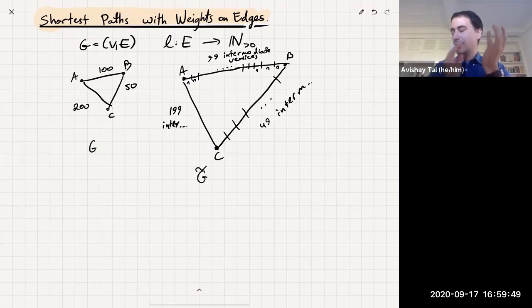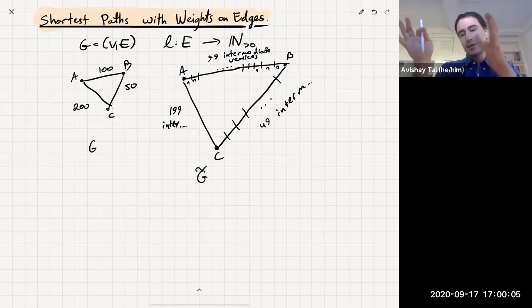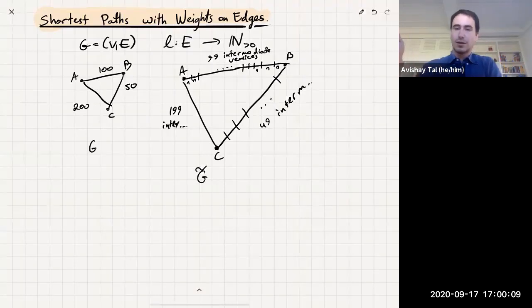In G tilde, all the distances are 1. And if I compute BFS on G tilde, then I know what is the distance between A and B and what is the distance between A and C, right? So this is an algorithm that works. It actually produces the distances between A and B and A and C.